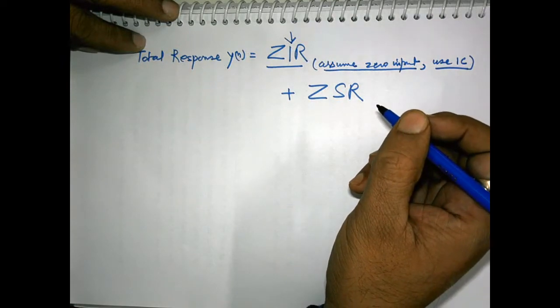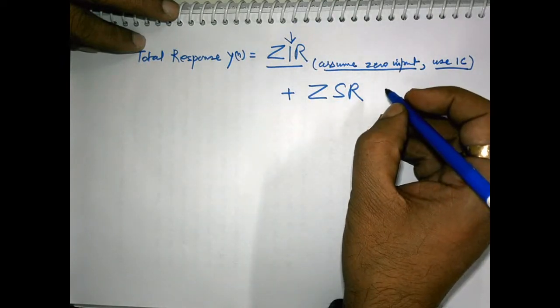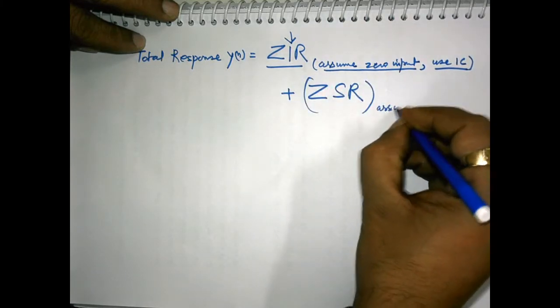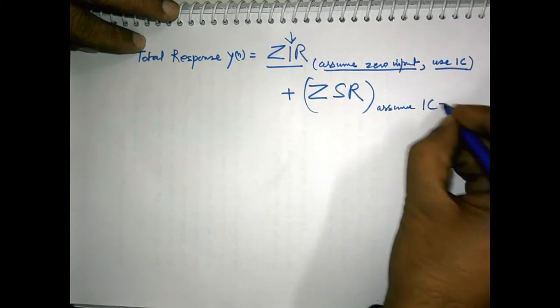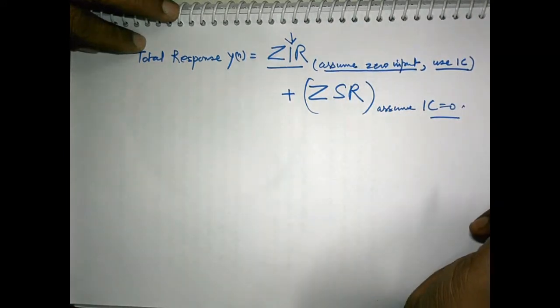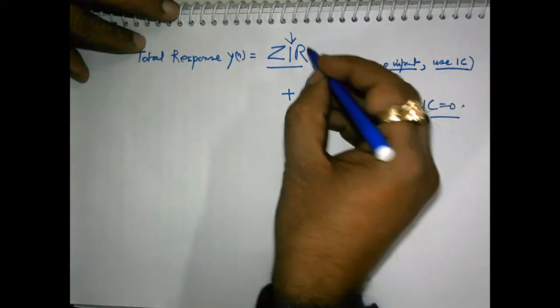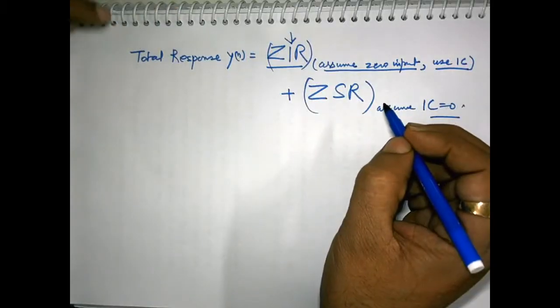In the zero state response, we assume the initial conditions to be equal to 0. This way we obtain the two individual components, and then we add these two individual components to obtain the total response, that is yn.